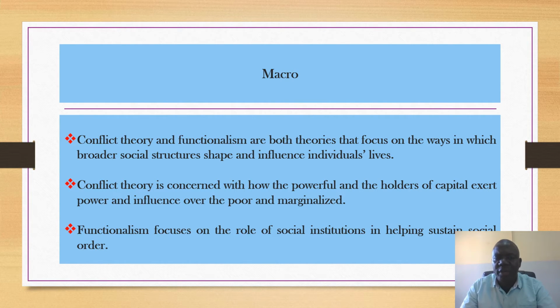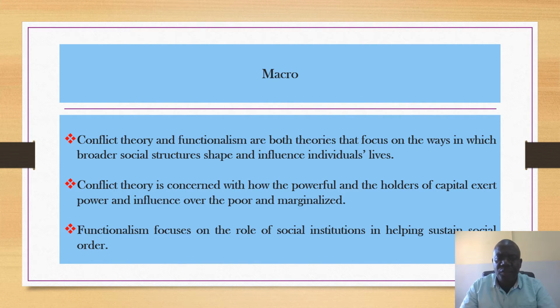They look at broader social structures that shape individual behaviors and also how individuals influence what happens in those particular structures. They focus on institutions, large-scale structures in society, and how individuals relate with other members in the context of these institutions and structures.